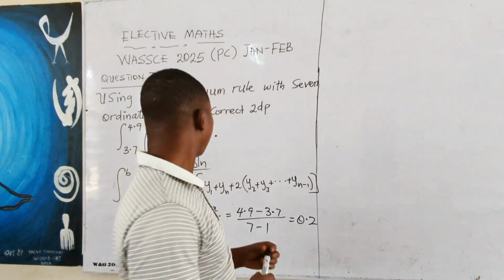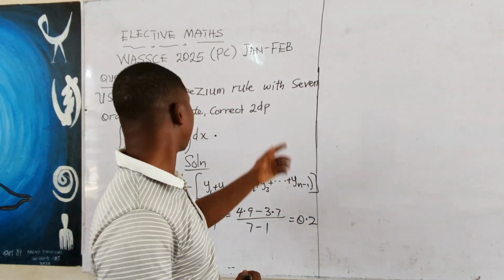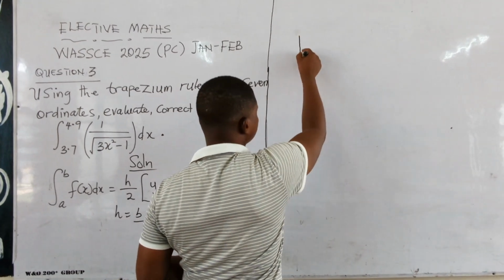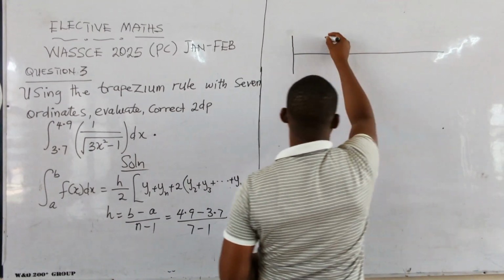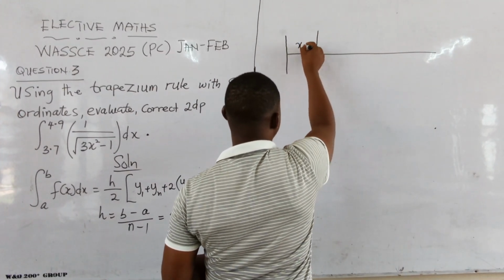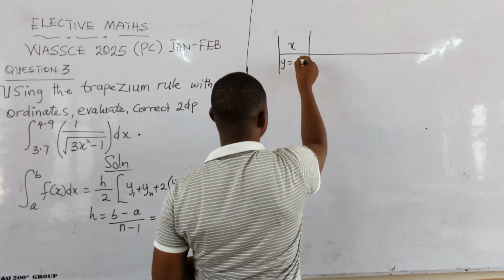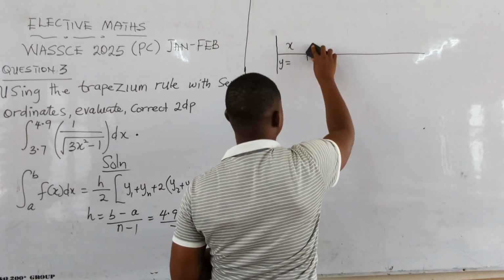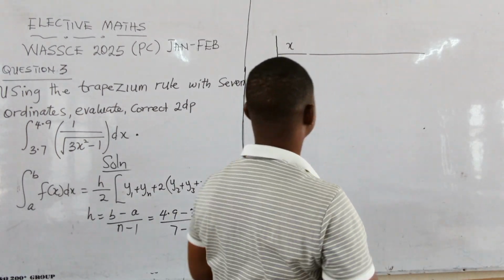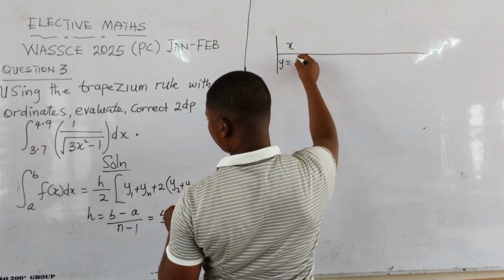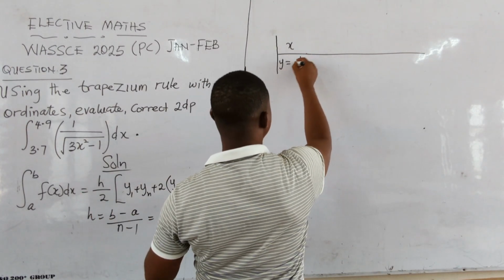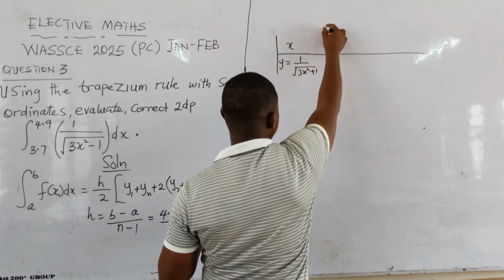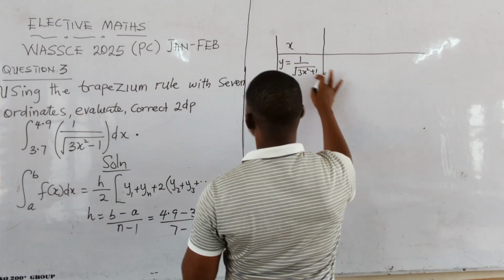Now we need to draw our table. With our table, we have x and y is equal to 1 over root of 3x squared minus 1.